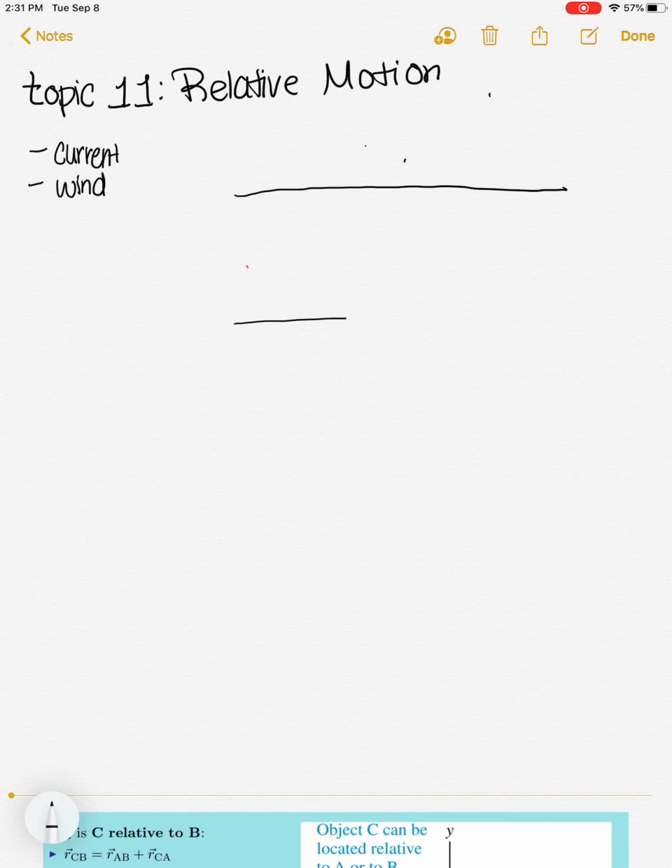So let's just draw a scenario where I have a person on the bottom who wants to go due north. Well, let's imagine that I have another person on the other side of the bank that's watching. Those are his binoculars.